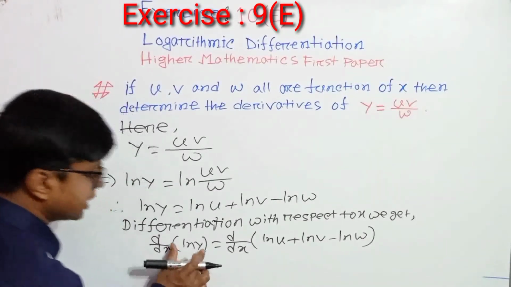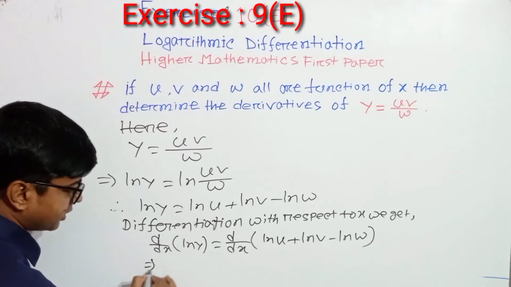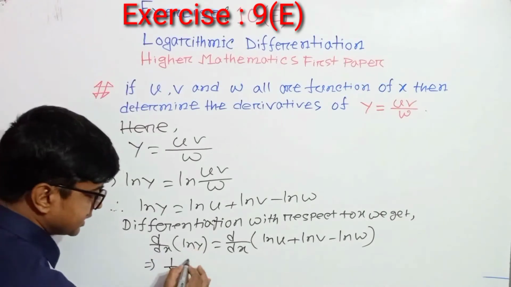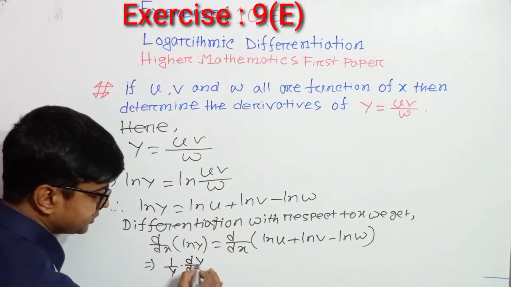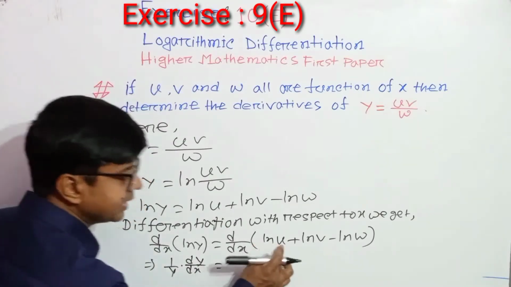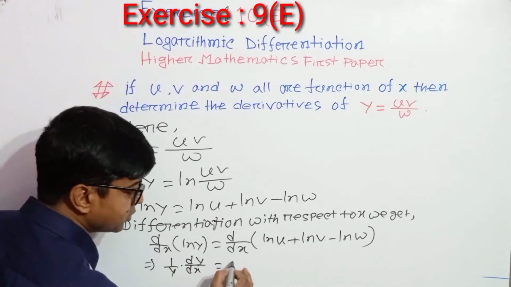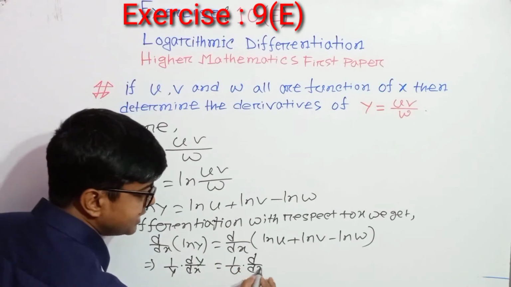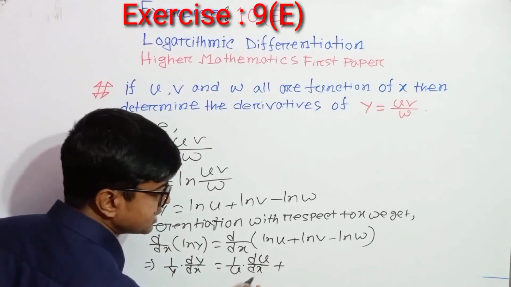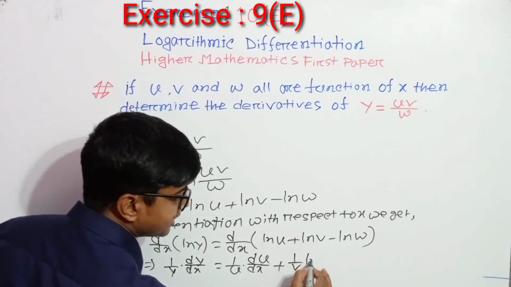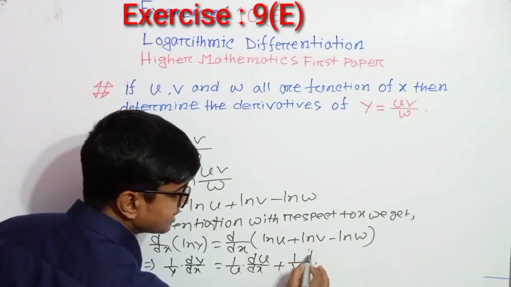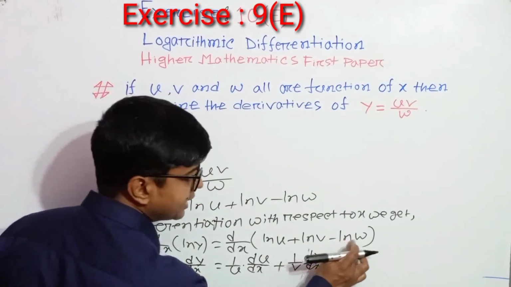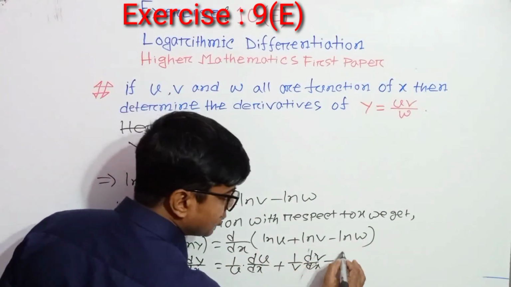Now here d/dx of ln y will be 1 by y times d/dx of y. Look at this, ln u, we can write 1 by u into d/dx of u, plus 1 by v d/dx of v, minus here ln w, it will be 1 by w d/dx of w.